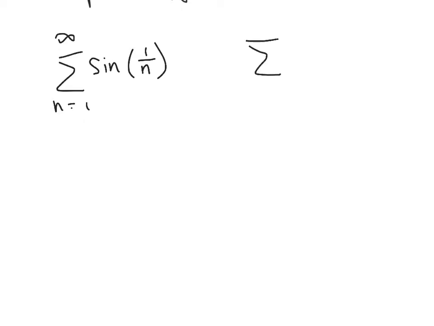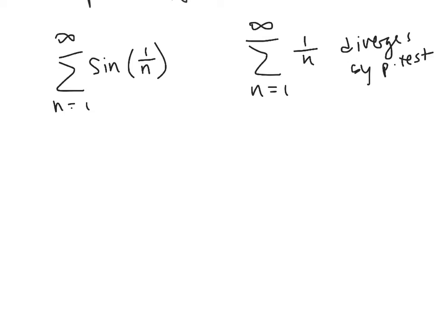So let's just take a look at another series that doesn't look that similar, but we know it diverges by the p-test. Okay, well, if these are the a(n) terms, and these are the b(n) terms on the right, we need to take a limit.